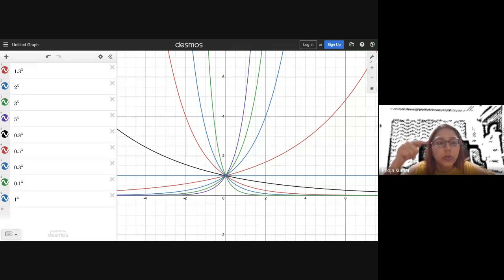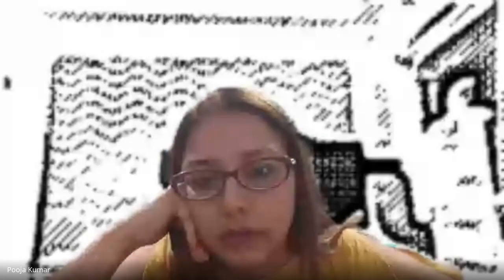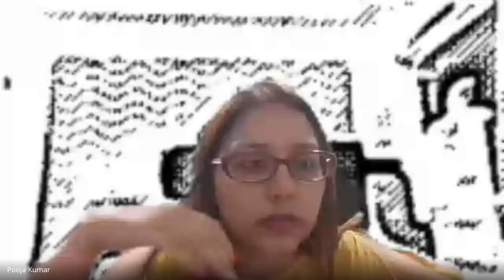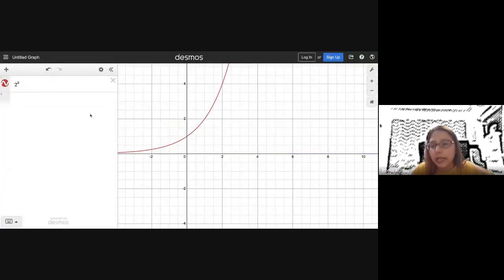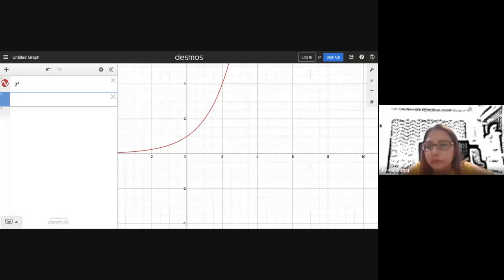Ryan, remove everything from 2 raised to power x. Now go down below that and create another column.